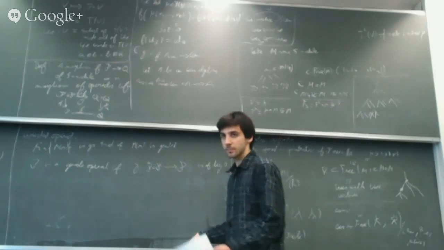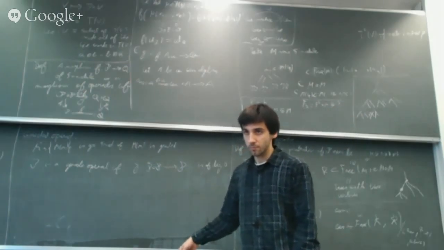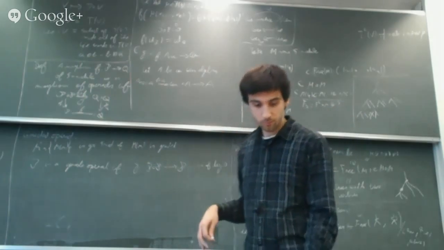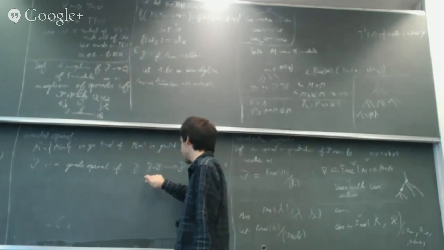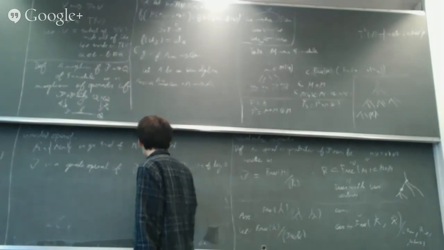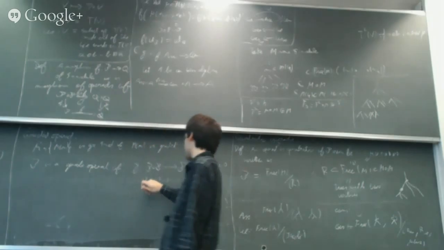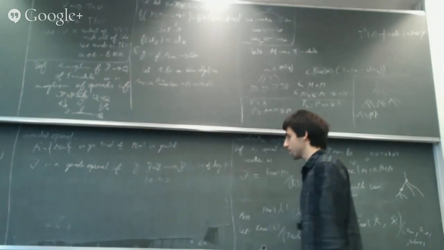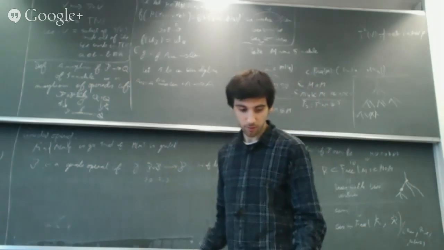So basically the grading is additive when you plug in stuff. Yes, exactly. If I take one operation of degree 7 and compose it with an operation of degree -2 and an operation of degree 3, I should get something of degree 7 - 2 + 3, which turns out to be 8, right?